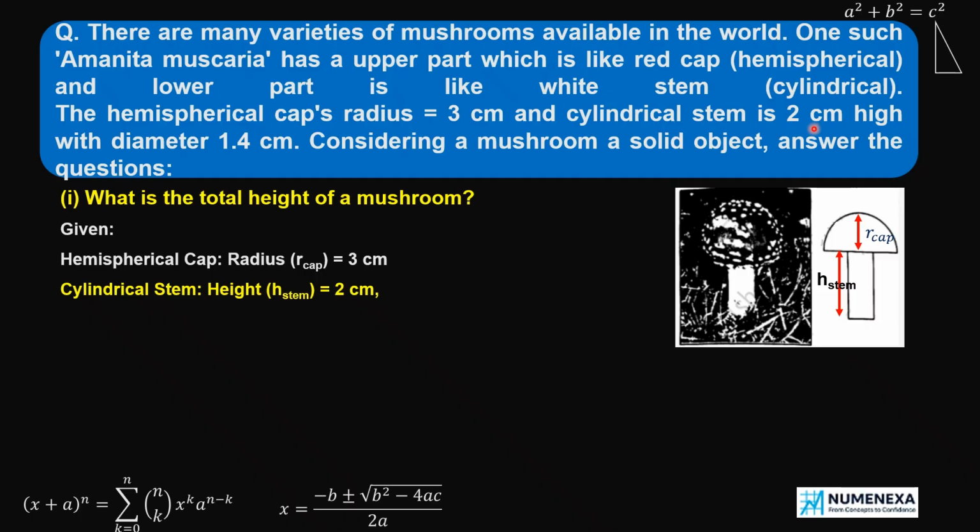The diameter of the stem is also given, 1.4 cm. So from the diameter, we know the radius is half the diameter, so it will become 1.4 upon 2, that is 0.7 cm. So from the problem, we have obtained the required data for the two solids, hemisphere and the cylinder.